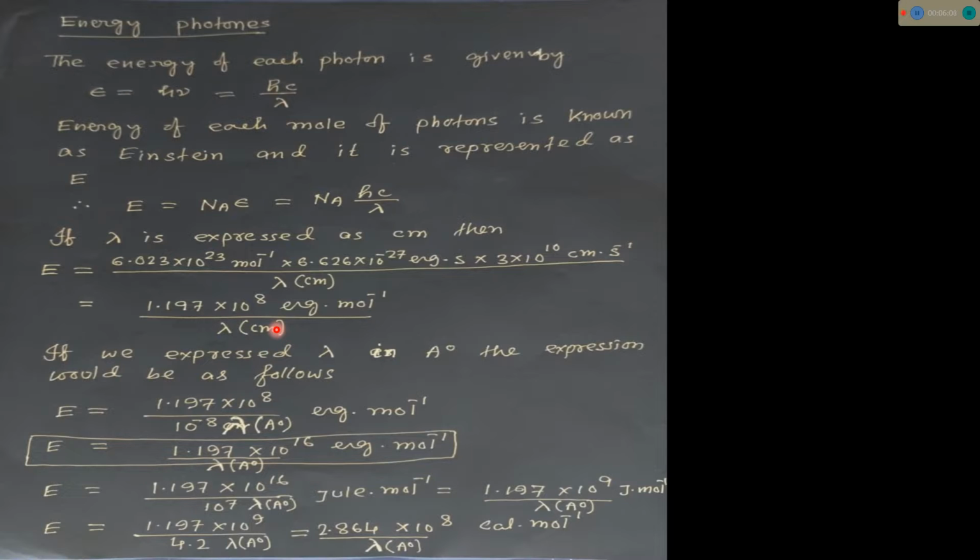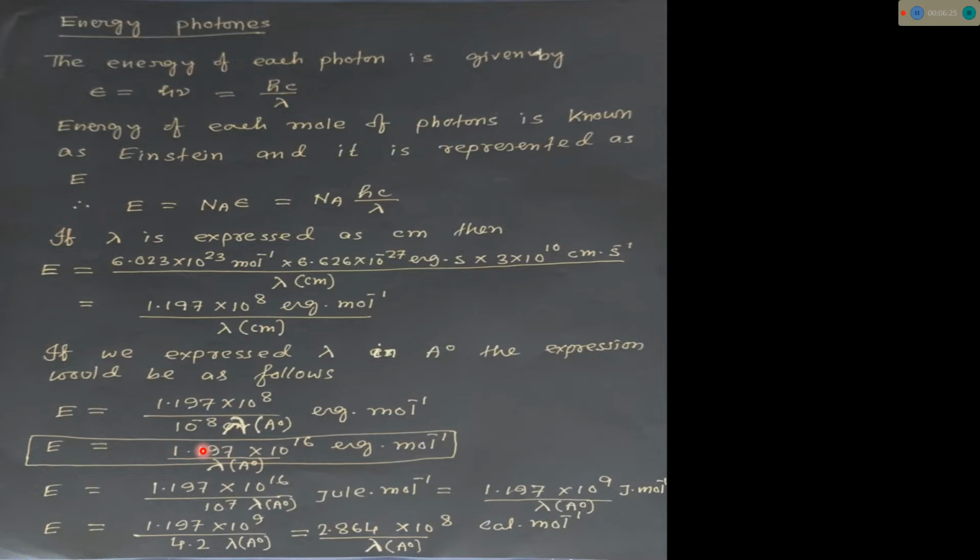Now if we express lambda in angstrom unit, the expression changes. Here lambda is in centimeter, and we know 1 angstrom equals 10 to the power minus 8 centimeter. So we put 10 to the minus 8 in this place, and then lambda becomes angstrom unit.